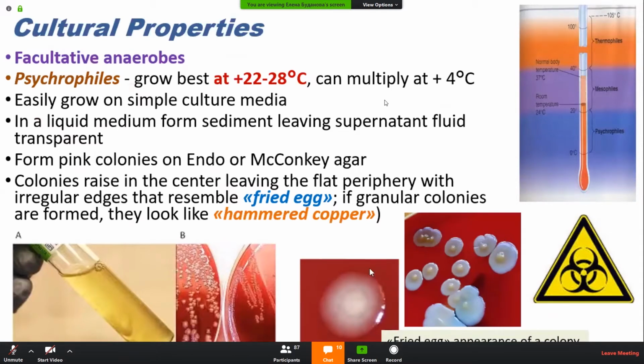Sometimes they have entire edges of the colonies, and when they look like that, they resemble fried egg, which is typical to Yersinia pestis. And sometimes they form granular colonies, not smooth surface, but granular surface, and they look like hammered copper as the result.